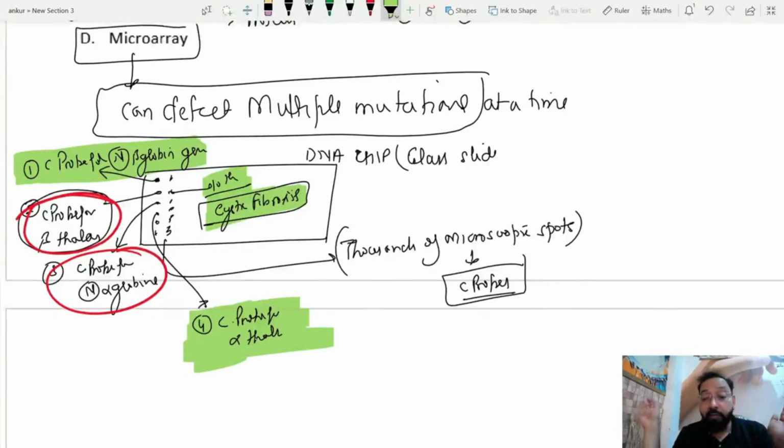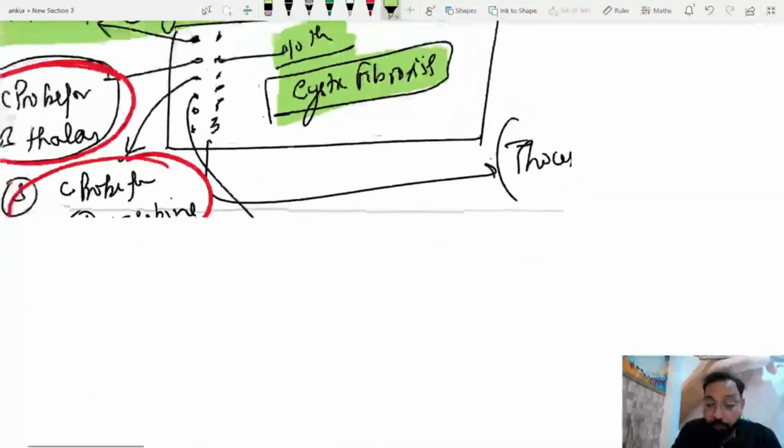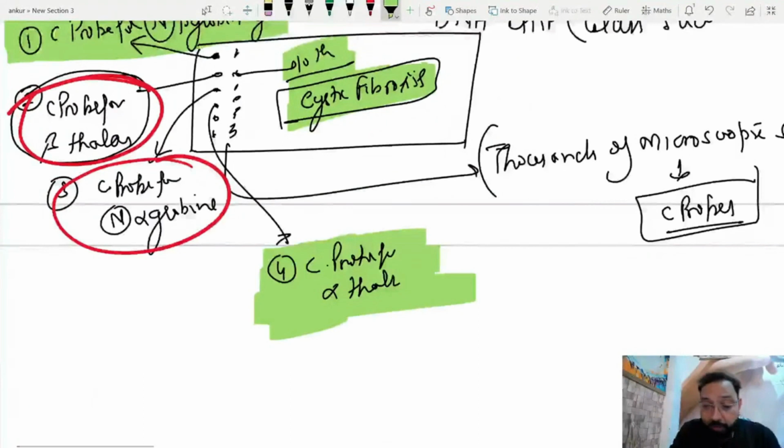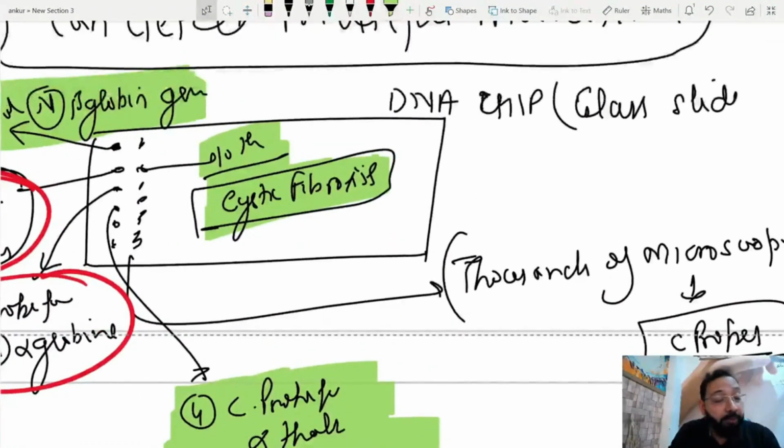Then we wash the sample and put the DNA chip in the computer, which will detect that fluorescence is coming from position 1, meaning the beta globin gene is normal. Fluorescence is coming from position 4, meaning the patient has alpha thalassemia. Fluorescence is also coming from position 10th, cystic fibrosis.